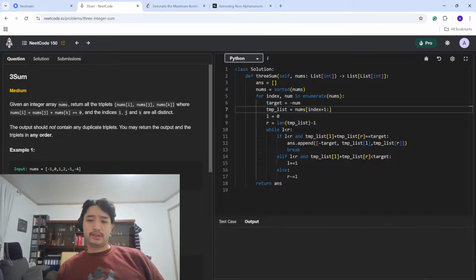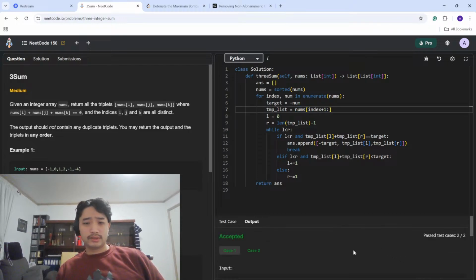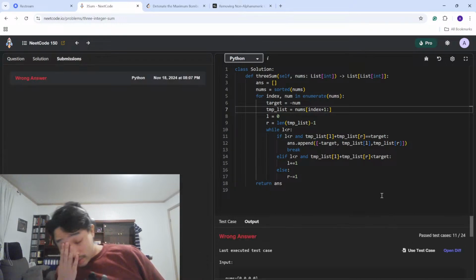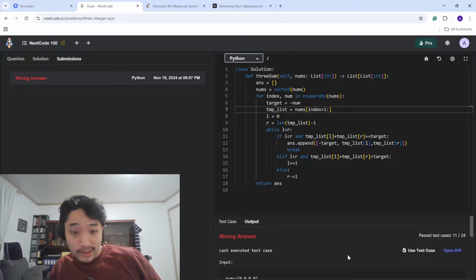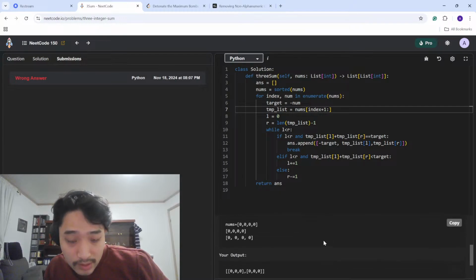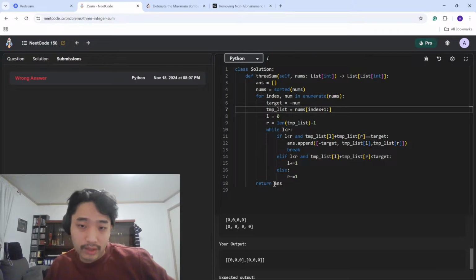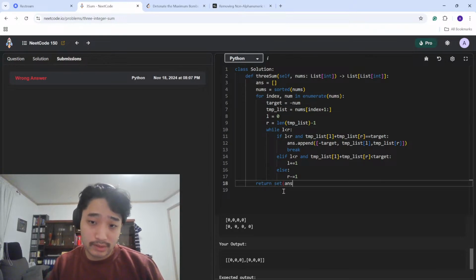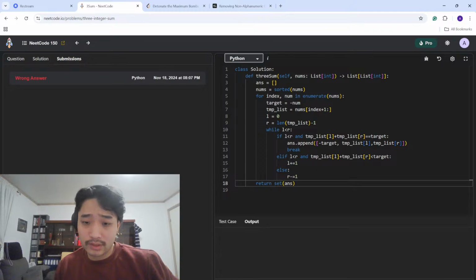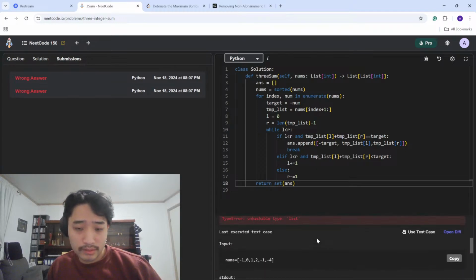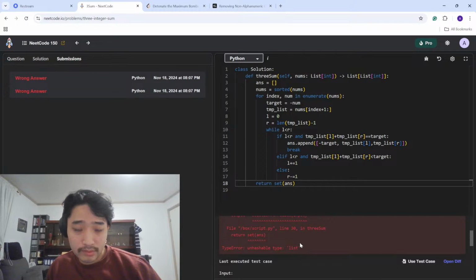I'll try this and see if this works. Yeah, this worked. I don't particularly... Oh, no, it didn't work. And I can return as a set. That would solve it pretty simply. No, it wouldn't. I can't do that, apparently.